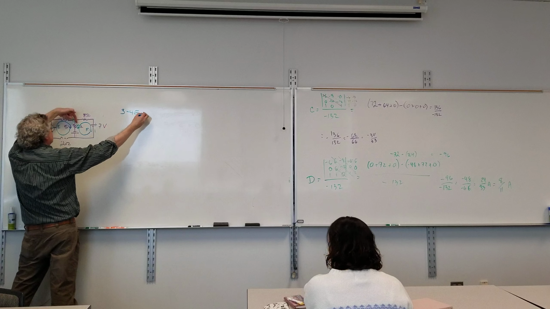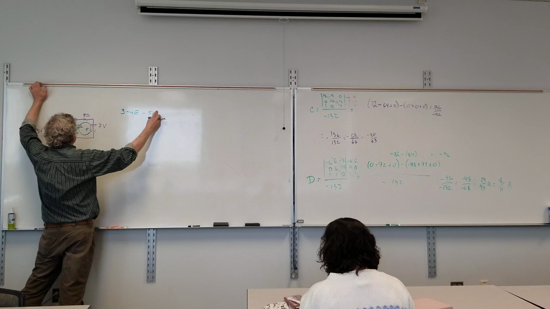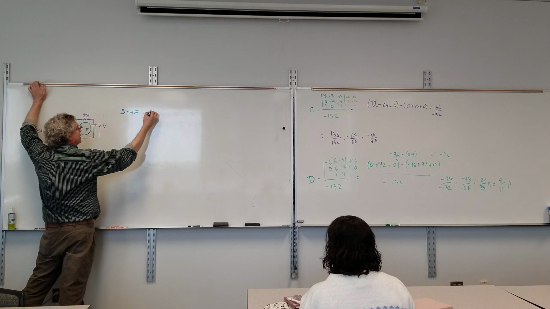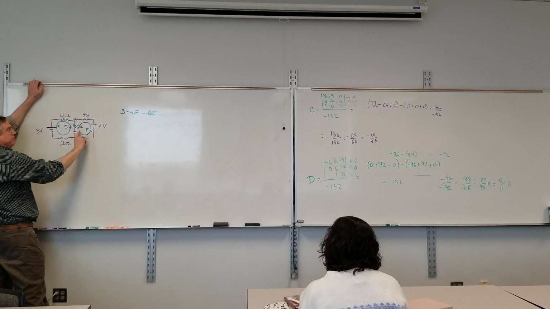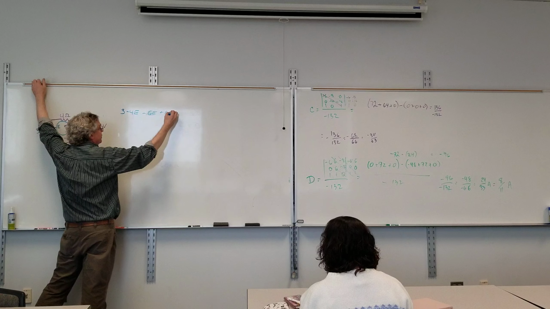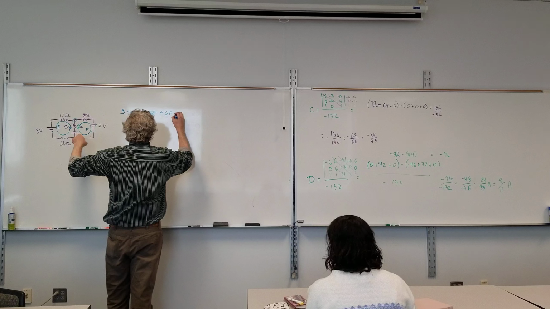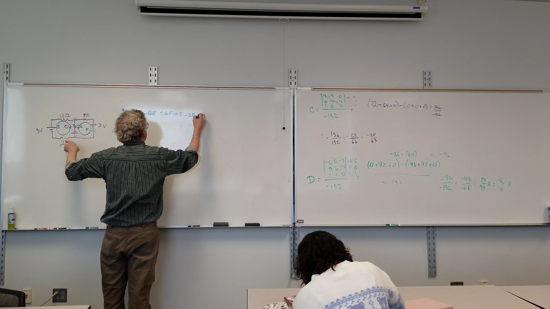So it's minus 6E going with E, and then I'm going against F, which is going up at that point, plus 6F, plus 5, minus 2E equals 0.